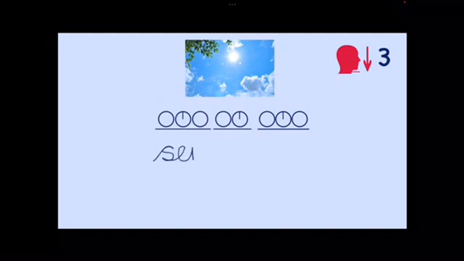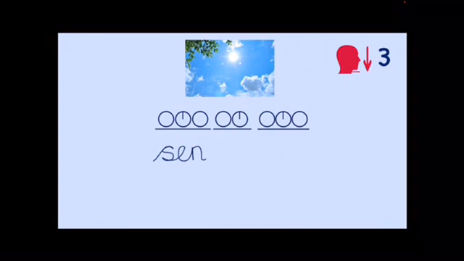I can hear S, E, N, S, I, and T, I, V. S is S, E is E, N is N. My tongue was behind my teeth.